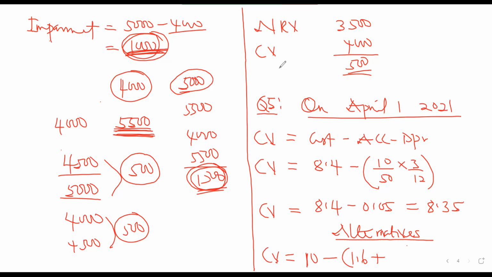It means that the asset has already been depreciated for some number of years, and the accumulated depreciation up to the beginning of the year is 1.6. The cost is 10, carrying value is 8.4. The difference is the depreciation charge up to the beginning of the year. Then we find our depreciation for this particular year, which will be 10 over 50 times 3 over 12. If you do it like that, you'll be getting the same value.